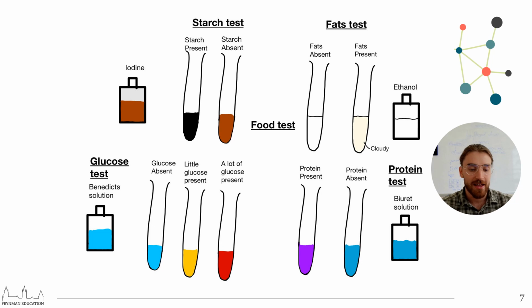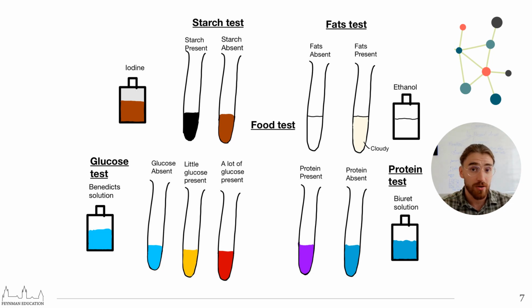So it goes from reddish brown into black in the presence of starch. If there's no starch, it will stay reddish brown. When it comes to fats, ethanol is going to turn cloudy in the presence of fats. So it's usually clear and it goes cloudy in the presence of fat.